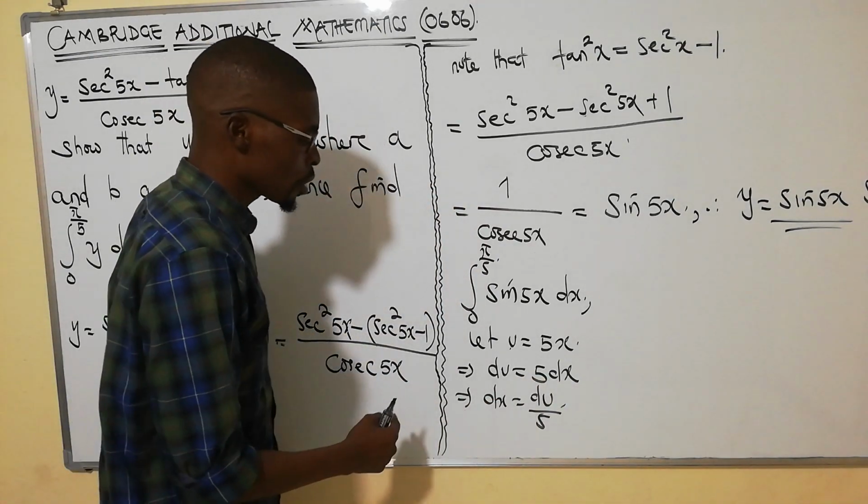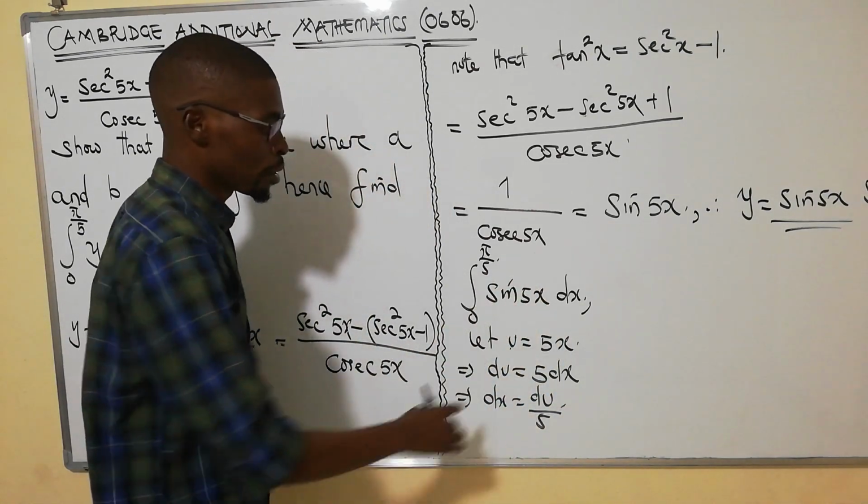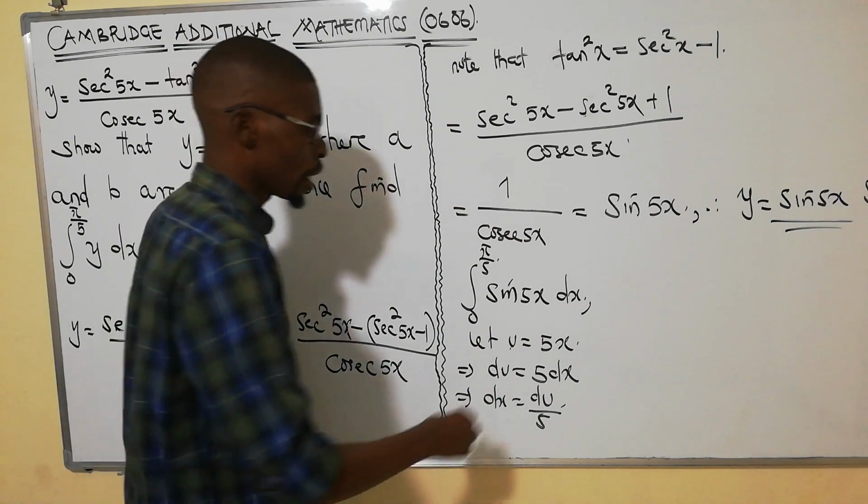Let us substitute. Where there is 5x, we put u, and where there is dx, we put du over 5.